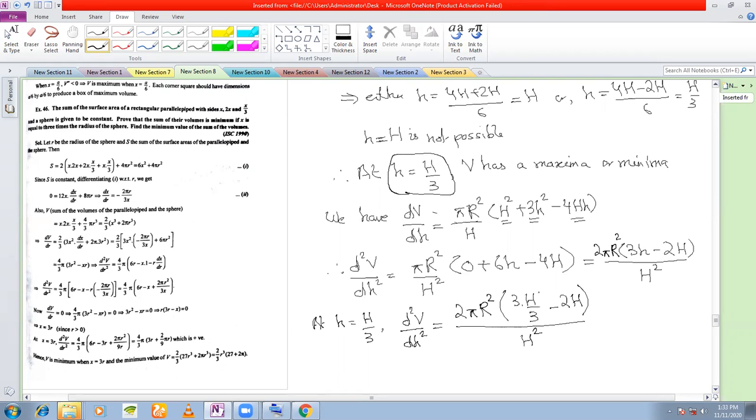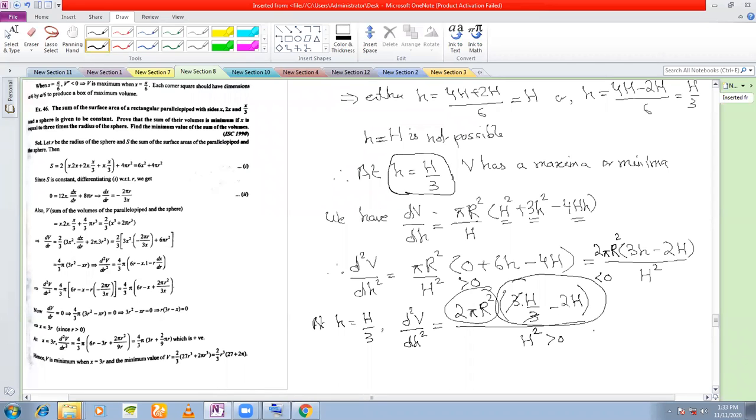So what is the sign here? This 3 cancels, right? H minus 2H is what? Negative. This is positive, this is negative.